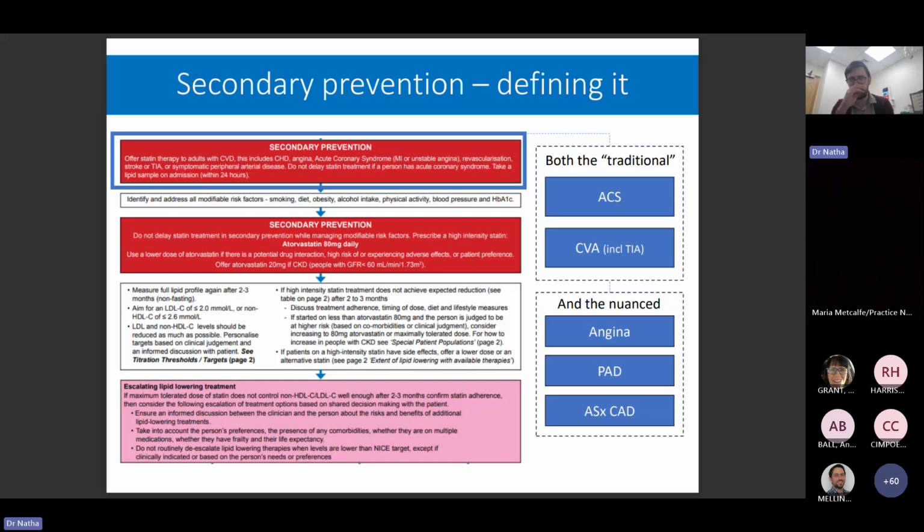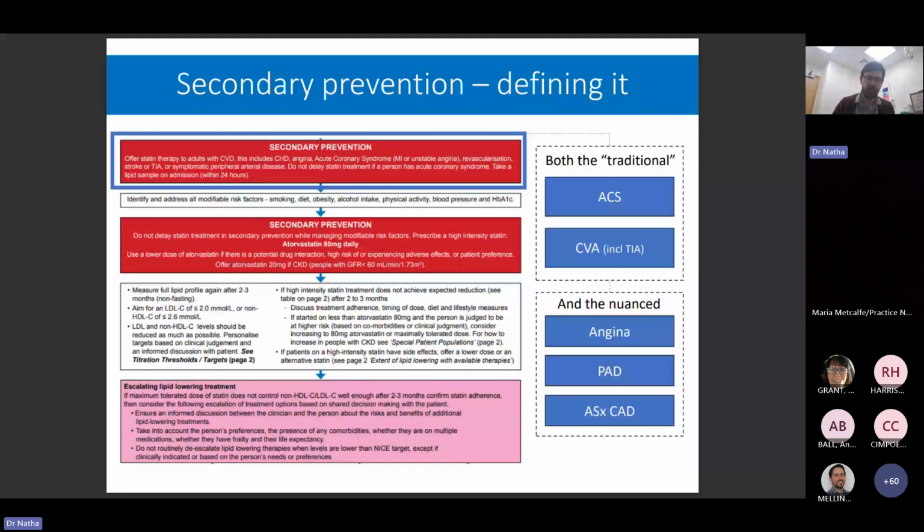And it's something that has crept into practice more and more, but using CT coronary angiograms to pick up asymptomatic coronary artery disease is still a population whereby you want to be treating them as if they're secondary prevention patients, because those are patients who are in a much higher risk category of either new or future cardiovascular disease.